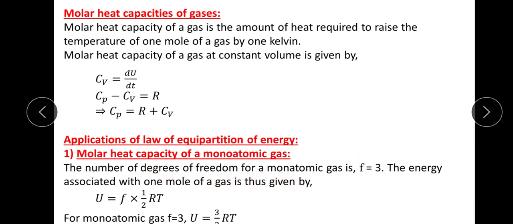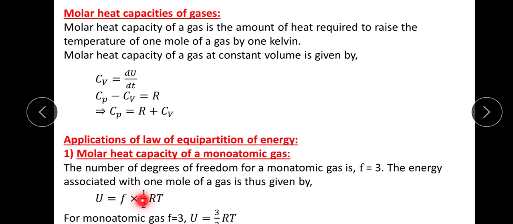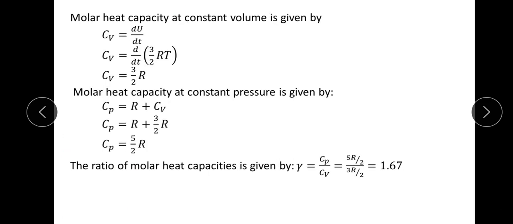For 1 mole of a monoatomic gas, U is equal to f into half RT. Now for a monoatomic gas, f is equal to 3. Therefore U becomes 3 by 2 RT. You just substitute f by 3.